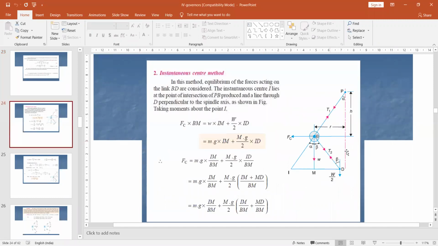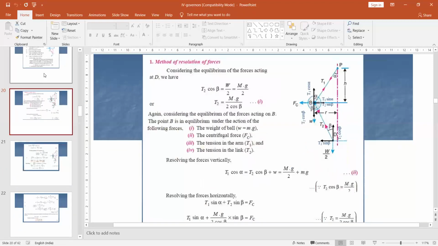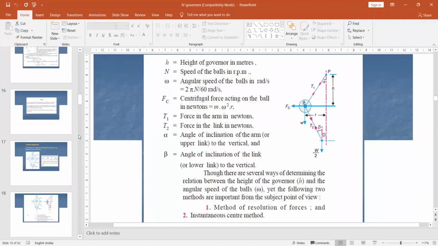Now all of you observe the diagram of the instantaneous center method. When we choose the instantaneous center method, what are the parts? Already you know the arms are there: PB is the arm and BD is the link. And what is the difference between this one and the earlier one?